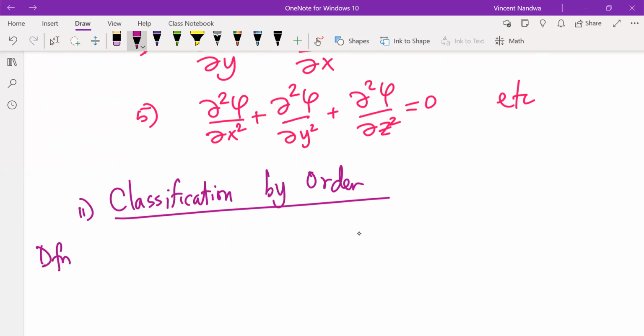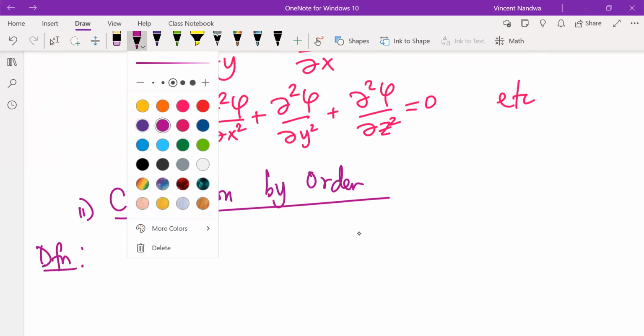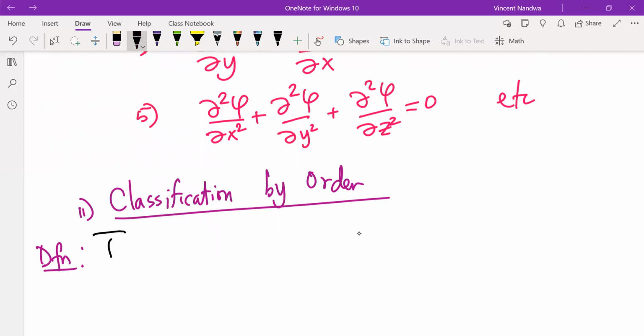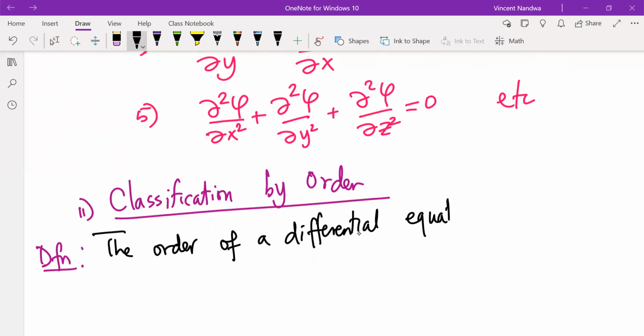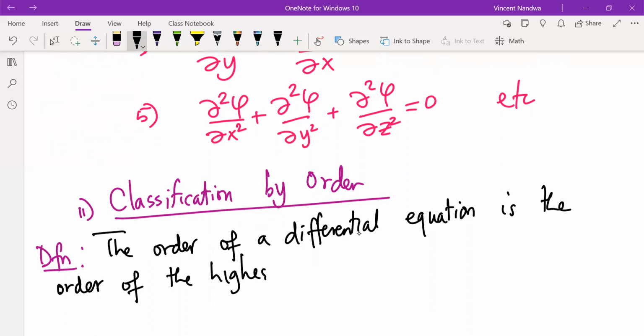So the definition: the order of a differential equation is the order of the highest derivative in the equation.